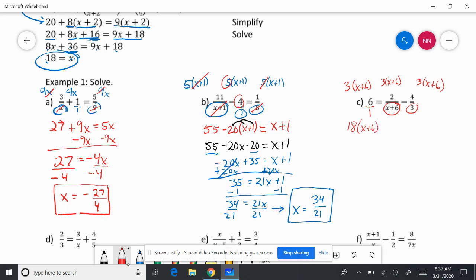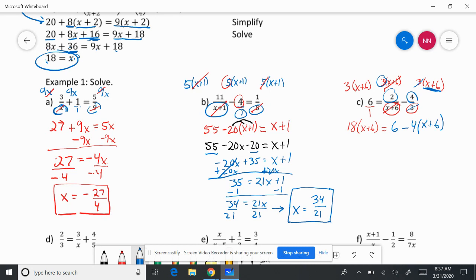For the next one, the x plus 6's cancel. So what we have is 2 times 3, which of course is 6. And for the next one, the 3's cancel. So I have minus 4 and then x plus 6. Notice I have the x plus 6 here. Here I have the 4.